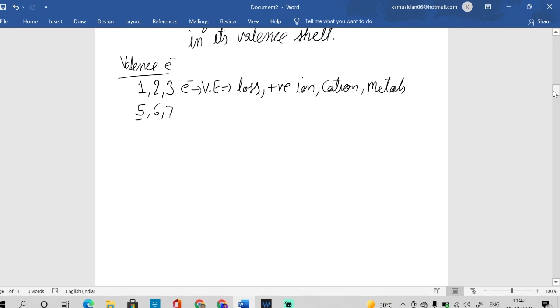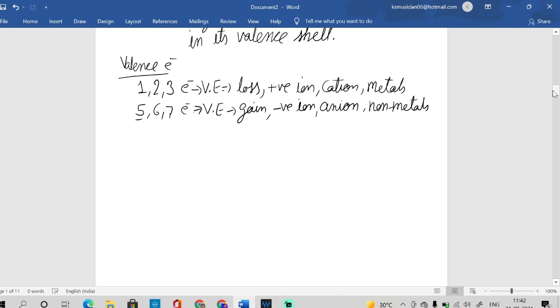And if it is 6, 2 electrons are short of 8 in the valence shell, so 2 will be its valency. So if valence electrons are 5, 6 or 7, it will gain electrons to complete the octet and form a negative ion, called an anion, a property mainly of non-metals generally.